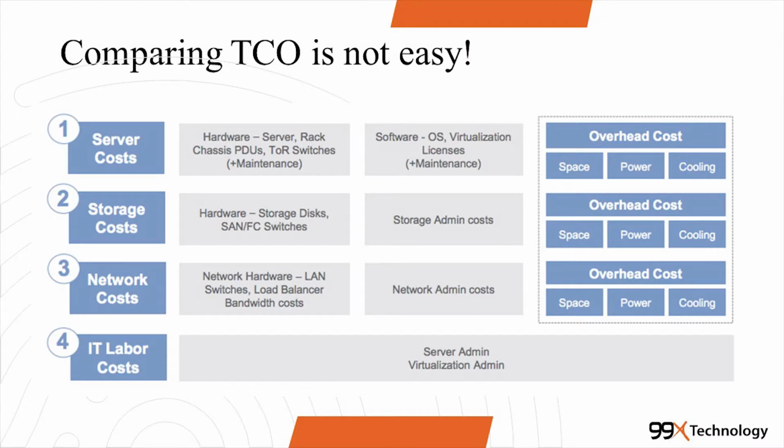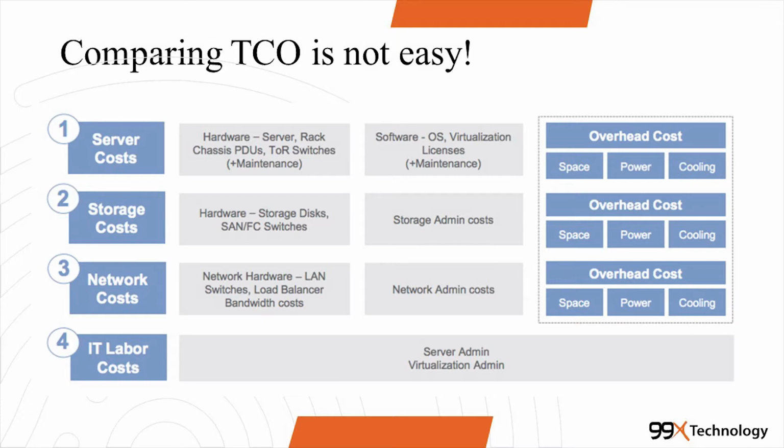But the problem is, Manoj, we have several overhead costs we cannot measure directly. We call them indirect costs, like in server cost, space, power, cooling kinds of things. There are so many things that we have not mentioned in these slides also. In storage also, space, power, cooling. Yes, there are several overhead costs.